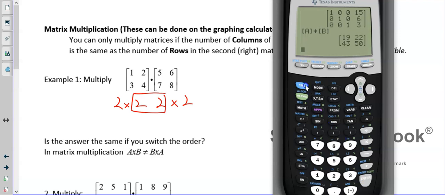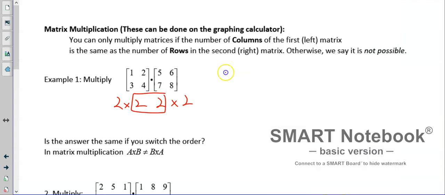Now here's why it matters. Second matrix, if I chose B first, times second matrix A, notice I get a different answer. Okay? So my answer here is 19, 22, 43, and 50.